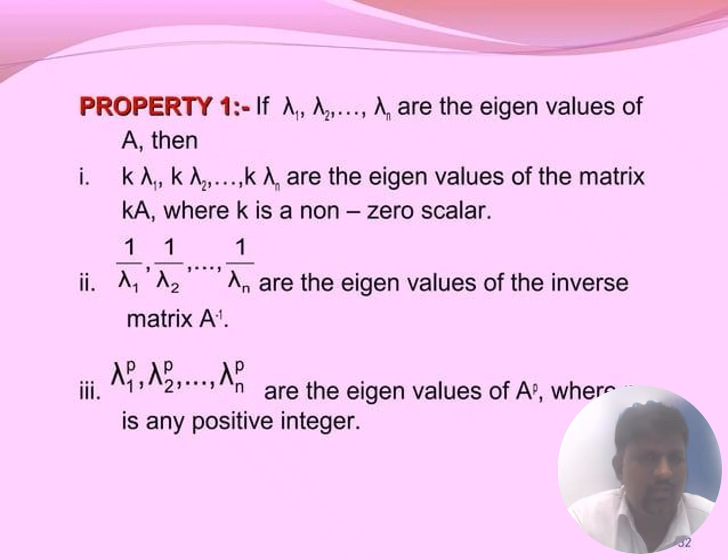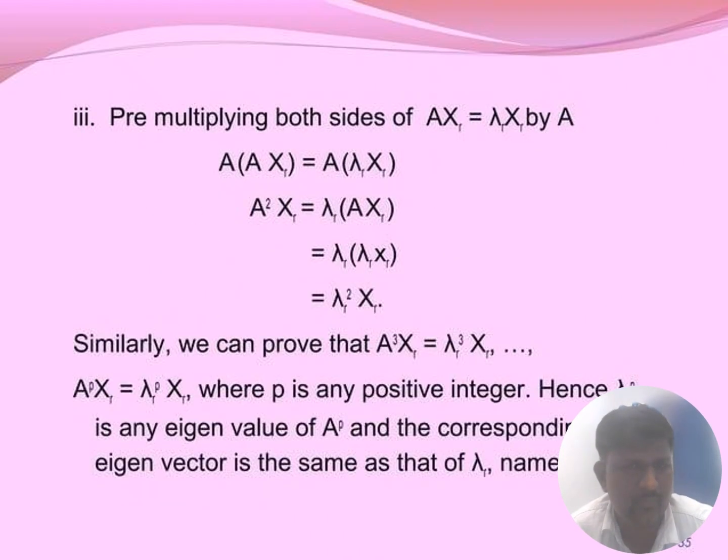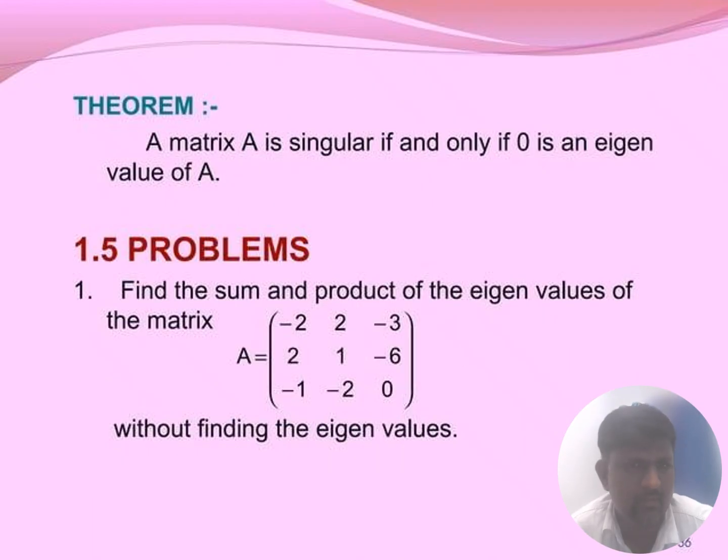Next one: if lambda 1, lambda 2 up to lambda n are the eigenvalues of A, then lambda 1 power p, lambda 2 power p up to lambda n power p are the eigenvalues of A power p. So here we have the proofs of these properties.